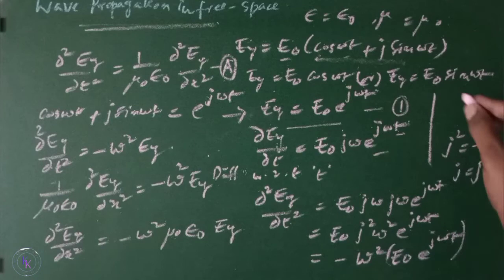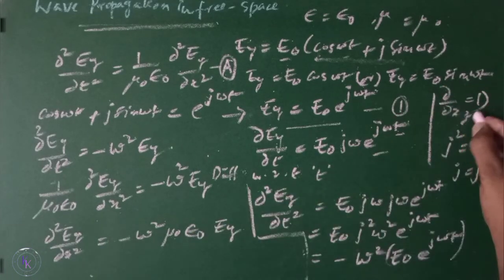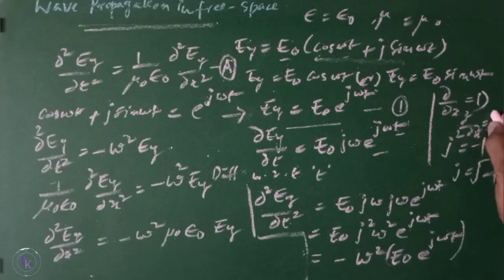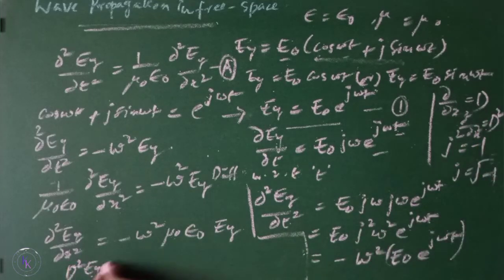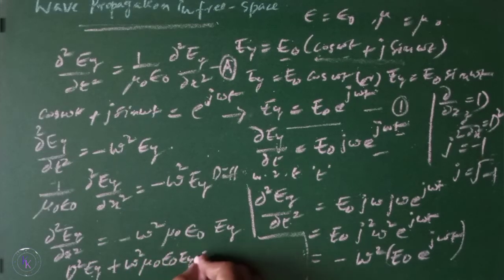Usually the operator ∂/∂x is denoted by D, so ∂²/∂x² equals D squared. Then this is D squared Ey plus omega squared mu naught epsilon naught Ey equals 0.